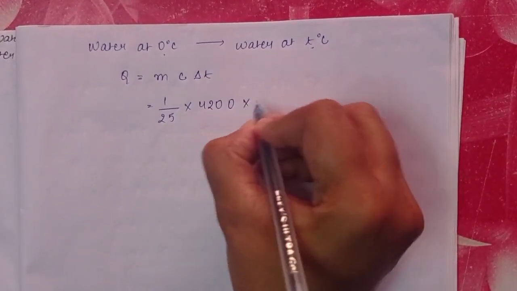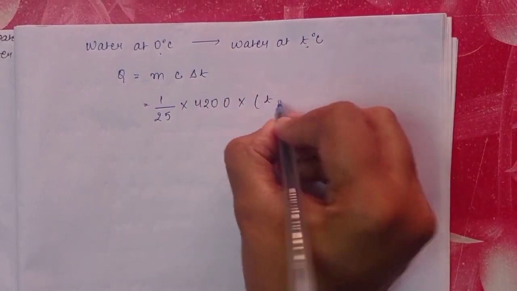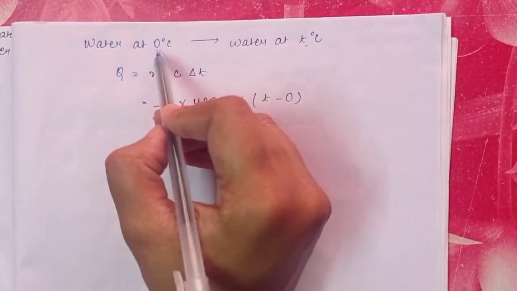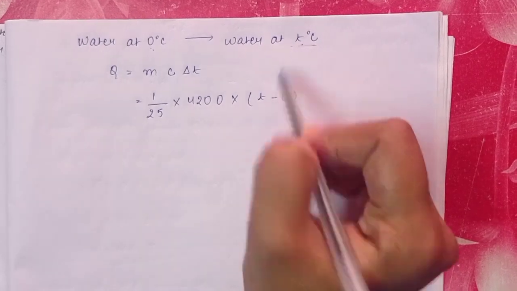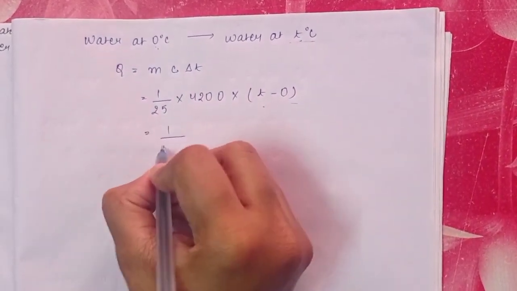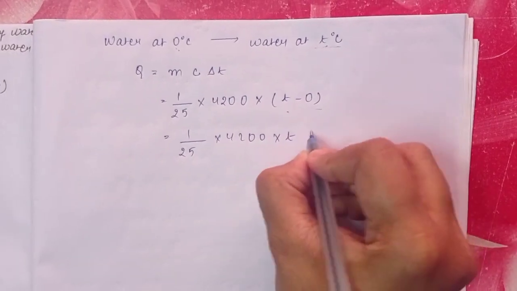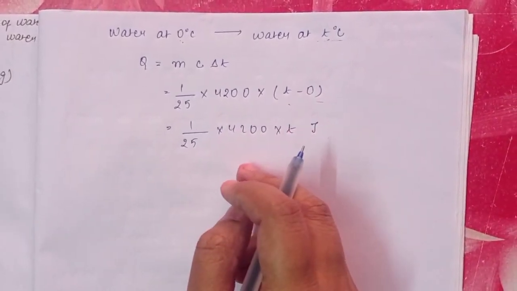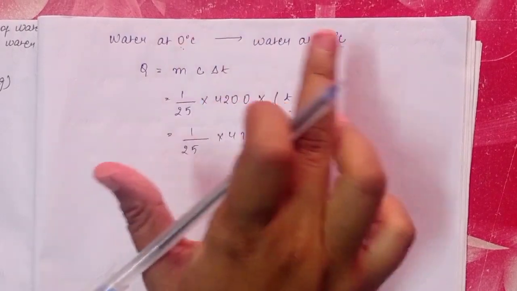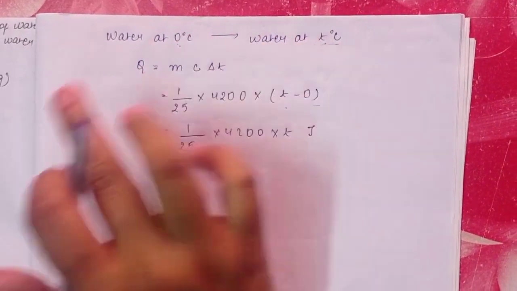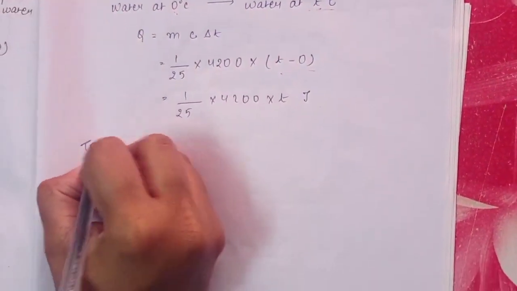This is the correct value. And del T is T minus 0, because obviously this is lower than T. So 1 by 25 into 4200 into T joule. This is the heat taken by water at 0 degrees Celsius to convert to water at T degrees Celsius. So what is the total heat taken?